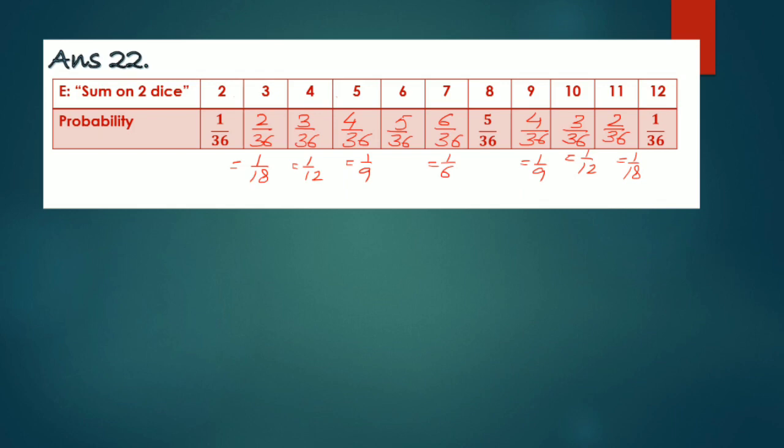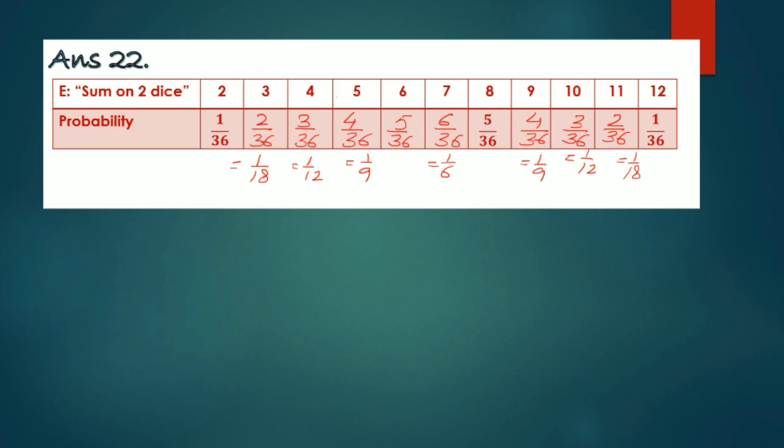We are not agreeing with that student because all these probabilities are not the same. It means these events, the sum on 2 dice, are not equally likely, as every probability is different.